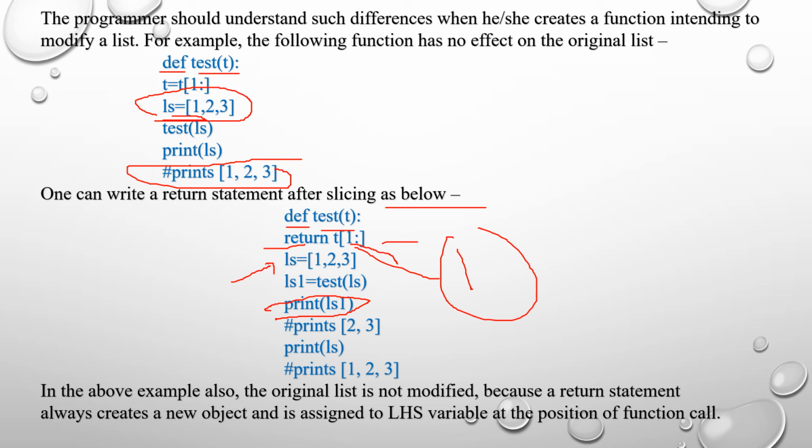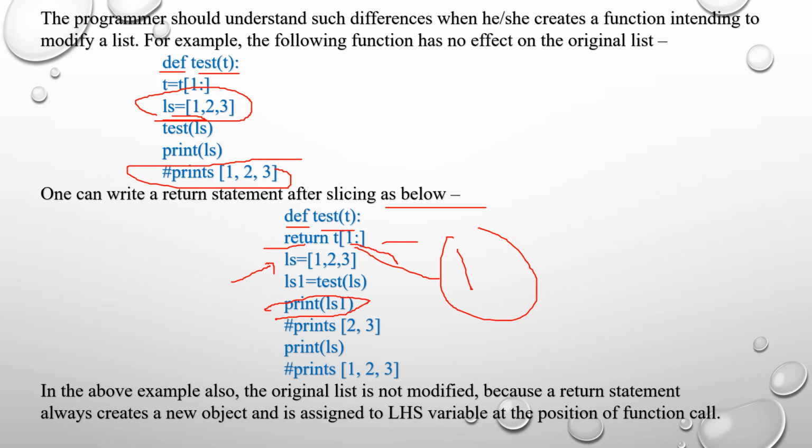Here I am returning the values starting from indexing value 1. That's why the Python interpreter will print only the 2 and 3. If you print ls, the Python interpreter will print as it is. The printed values are 1, 2 and 3.